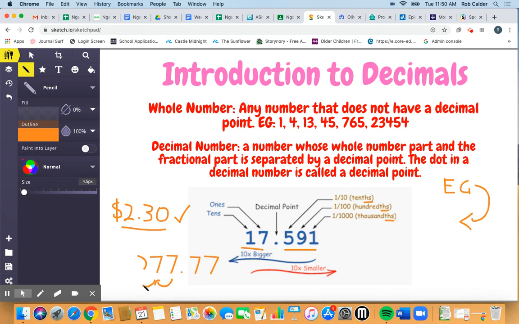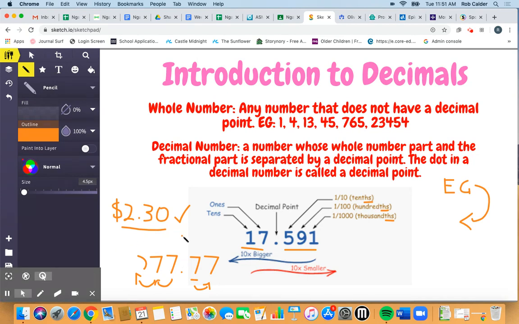And to get from my 70 to my 700, the world's worst 7 drawn there, that would also be a 10 times bigger increase. Now to go from my 7 tenths to 7 hundredths, that is getting 10 times smaller. And so that is what the 10 times bigger and the 10 times smaller is there.